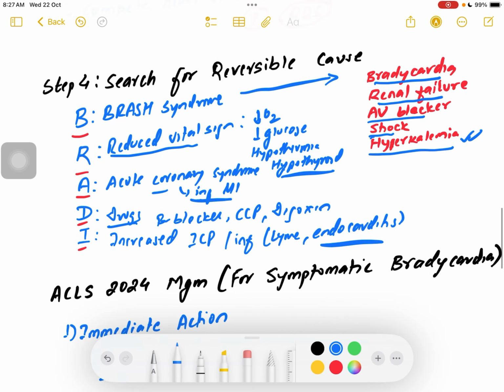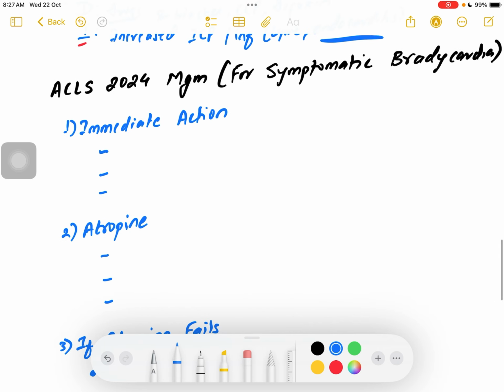We have to immediately treat this patient, mostly managing hyperkalemia with insulin, dextrose, calcium gluconate, and albuterol or salbutamol nebulization.